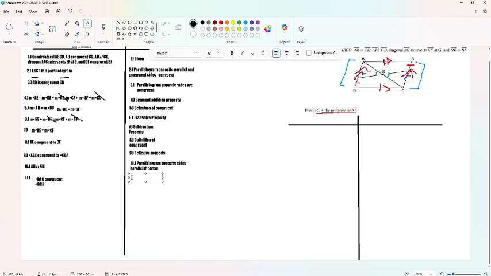But why can we do that? Well, it's the alternate interior angles theorem. Alternate interior angles theorem.